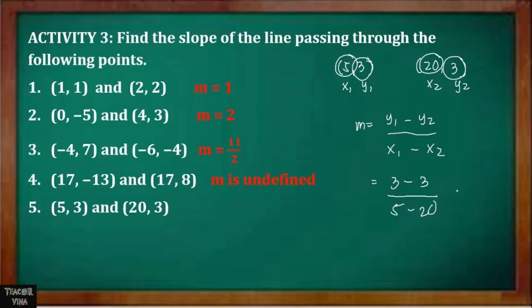Ngayon, yung nasa numerator, 3 minus 3, 0 na kagad yan. So, kahit hindi ko nasagutin yung denominator na ito, automatic, any number or any fraction kapag 0 yung nasa taas, automatic, the answer is 0. Therefore, our slope is equal to 0.